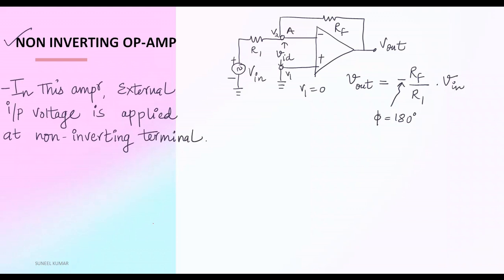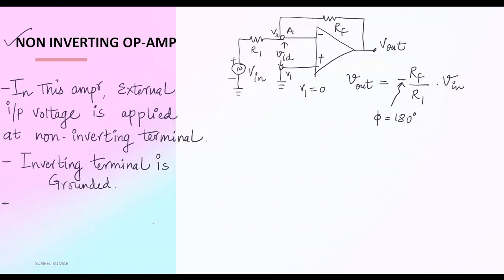And one more thing, the inverting terminal will be grounded. And in non-inverting amplifier there is no phase shift between input and output.